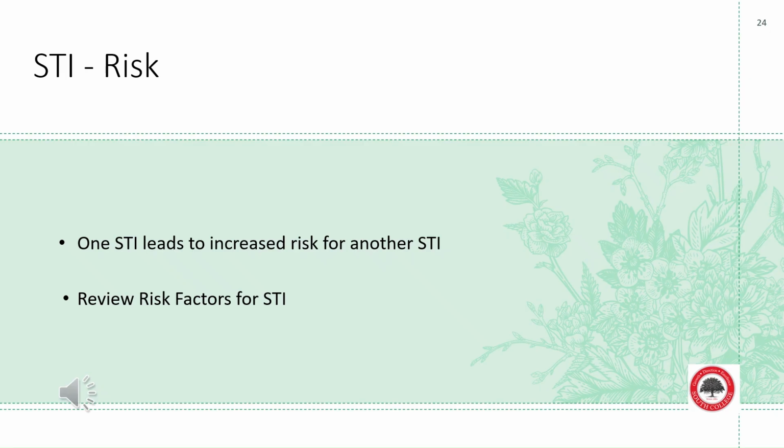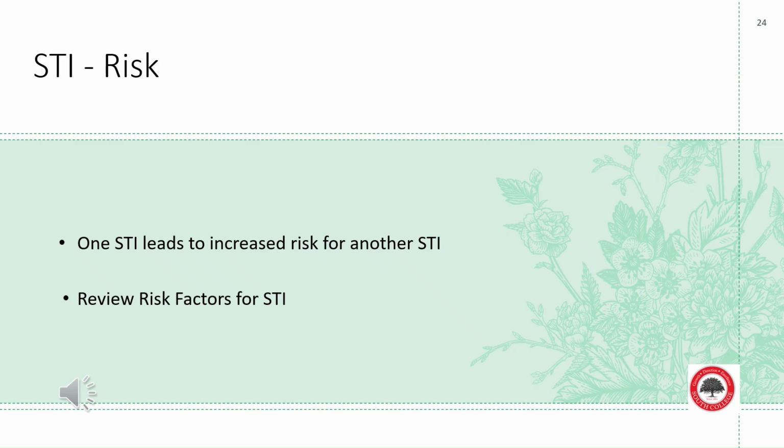STI screening: we are all pretty well informed about the risk factors for STIs, including unprotected sex, improper use of condoms, multiple sex partners, or having sex with someone who has multiple sex partners, the use of sex workers, having sex with somebody who's recently had an STI, and sharing needles.